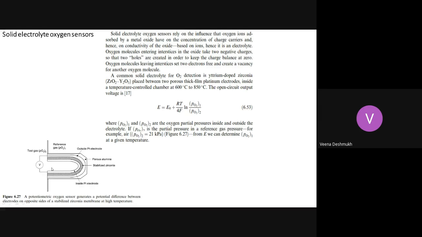When the conductivity is changed, that changes the amount of current flow, or in turn, when the resistance is changed, the potential across it also keeps changing. This change in the potential is sensed, and this sensing is used for checking the availability of a particular chemical, how much of it is present in the atmosphere.